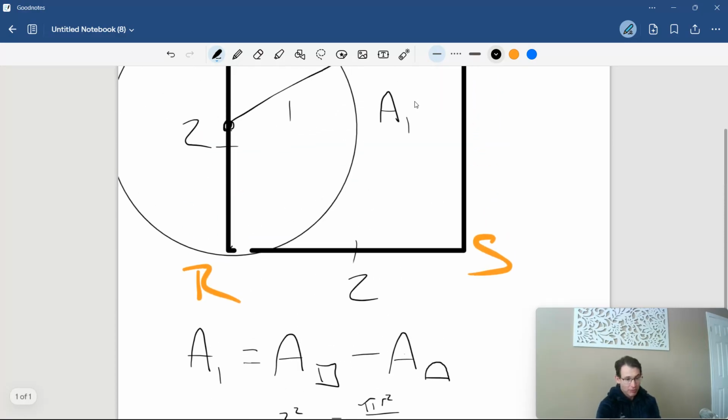Okay, if my point P lies outside that circle, then we are acute. If point P is in here, then we are obtuse. So now we need to calculate the probability.